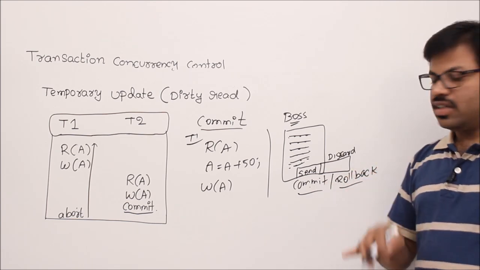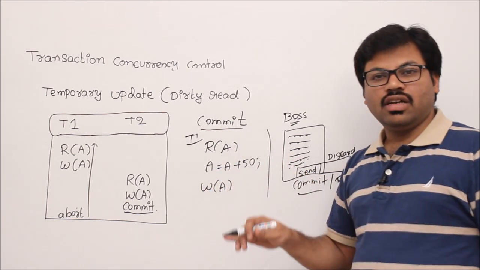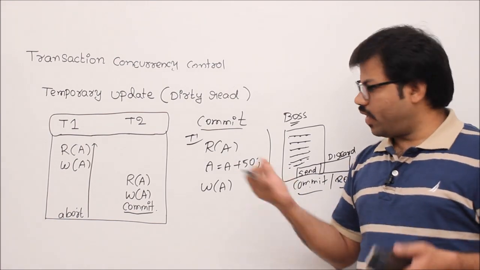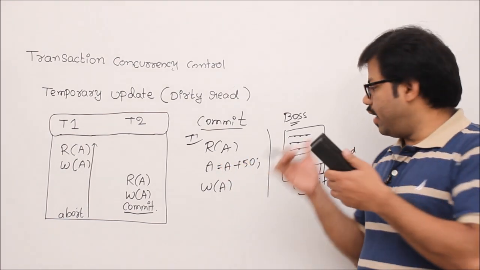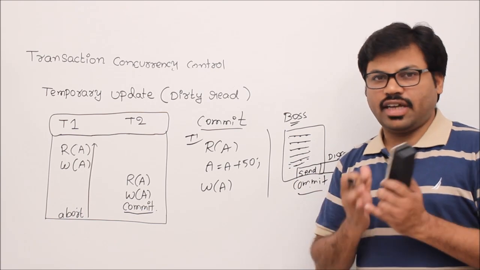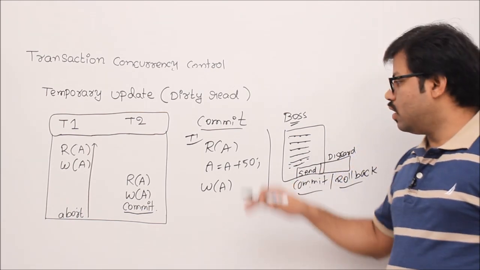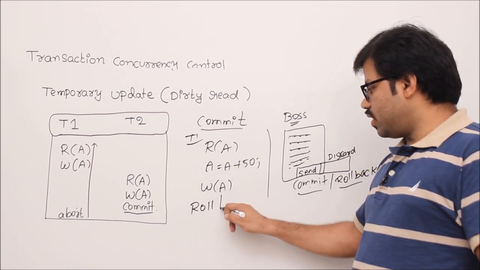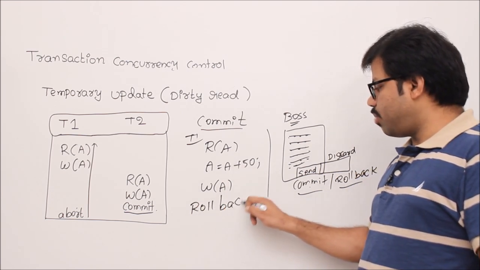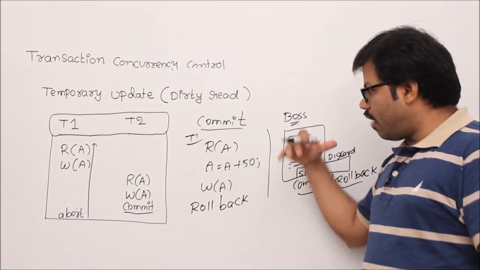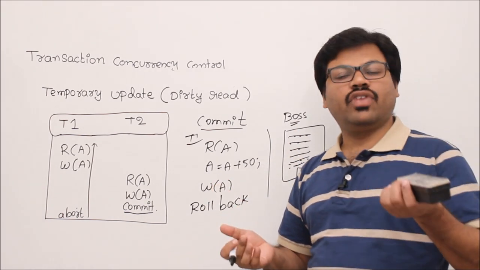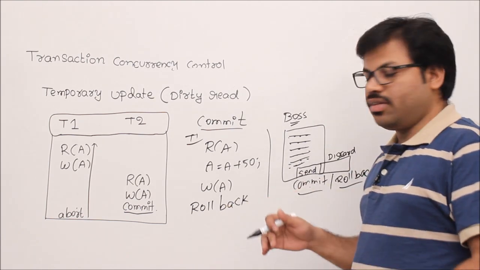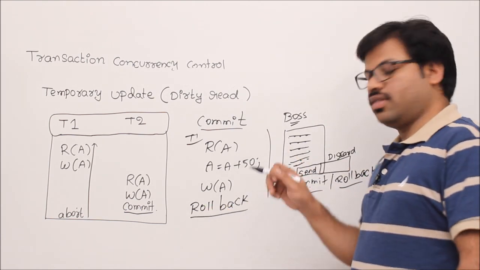So a good design, if a system is really well designed, should have commit and rollback. Similarly, when you write a transaction, sometimes you want to see the effect permanently on the database, sometimes you want to see the effect temporarily. If after some time you feel that this is not good, otherwise you don't want to carry these instructions permanently, that means you don't want to have any permanent effect on the database, then simply write rollback.